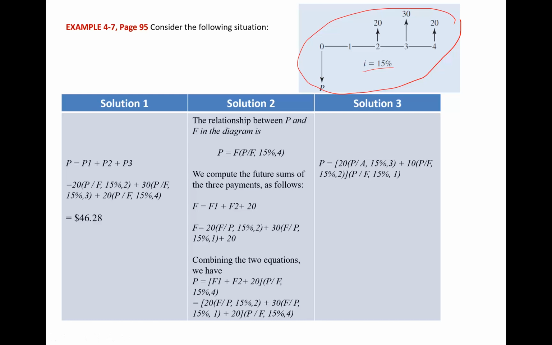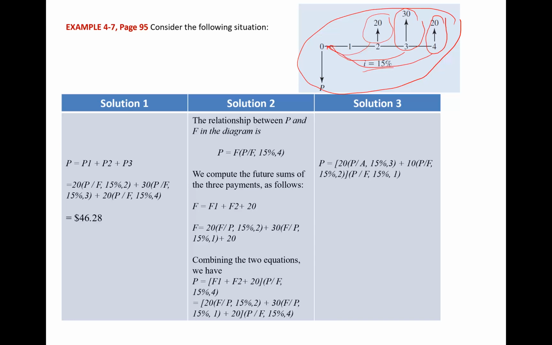First, since we have irregularity in this cash flow, we can calculate the present value of the $20 and bring it here, the present value of the second payment and bring it here, and the third payment, year four, we bring it to here as present value.